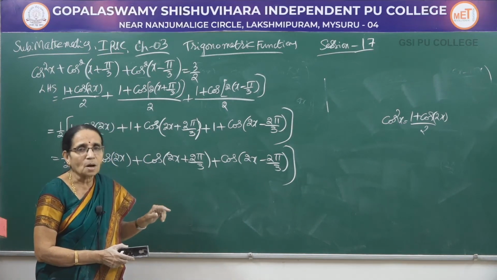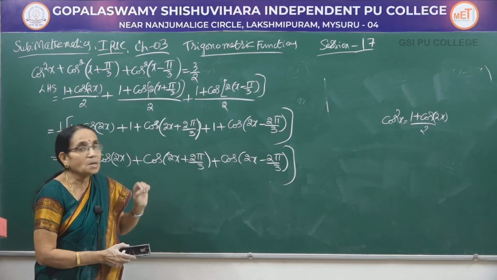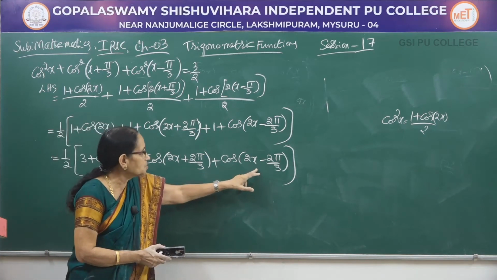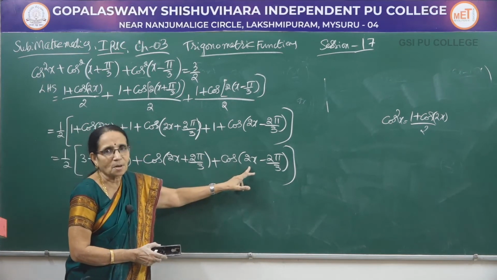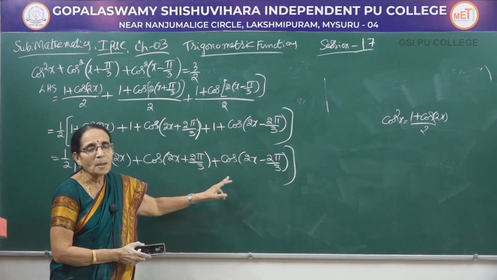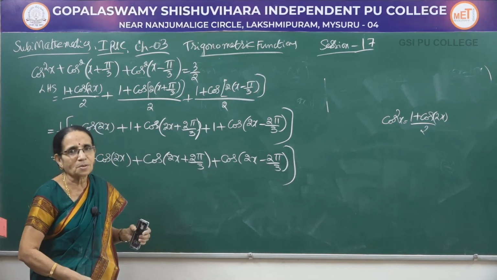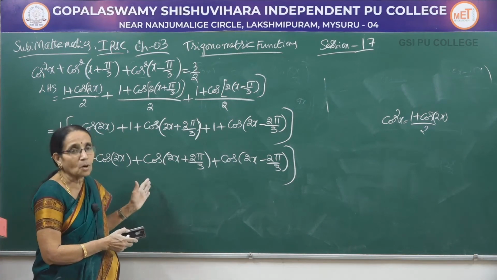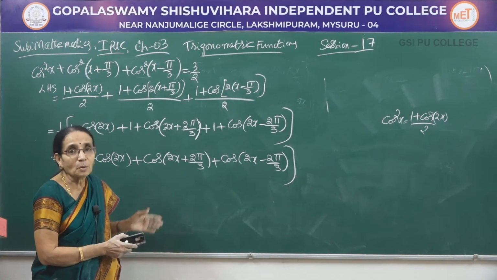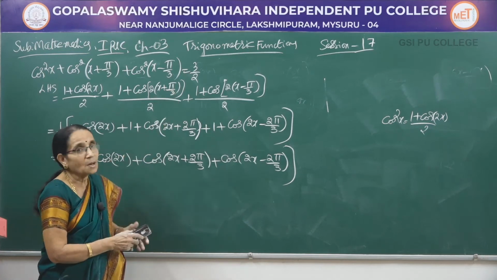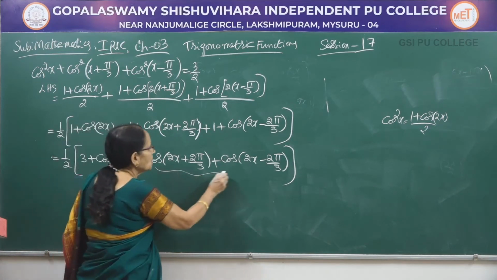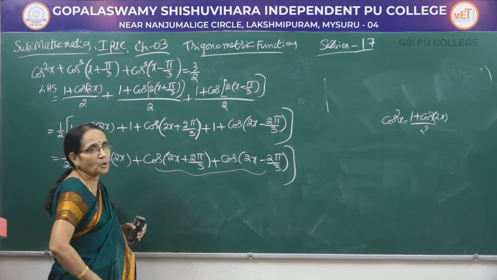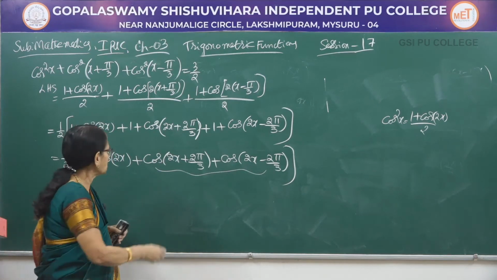Next, cos of (C minus D) by 2. C minus D means 2x gets cancelled. So, if you select these two, when you apply the formula cos C plus cos D, it is easier to do simplification. You can take this also, but that becomes cumbersome. We will have more terms to arrive at the right hand side. So these two I am combining and applying the formula cos C plus cos D.